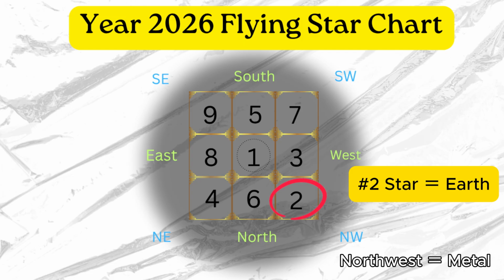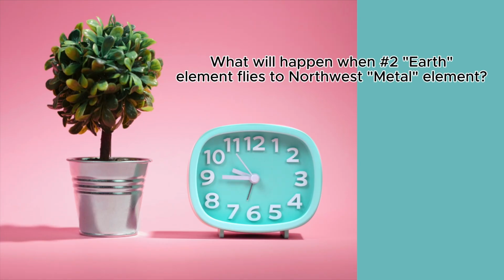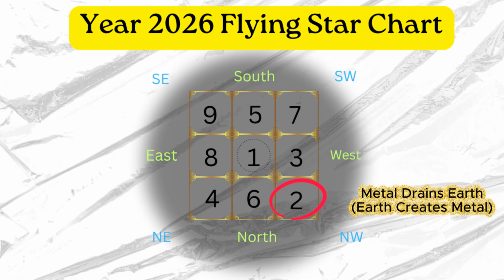Now, let me ask you a question. What will happen when the number 2 earth element flies to the northwest metal element? You are correct. Earth's energy will be drained by metal energy because earth creates metal.